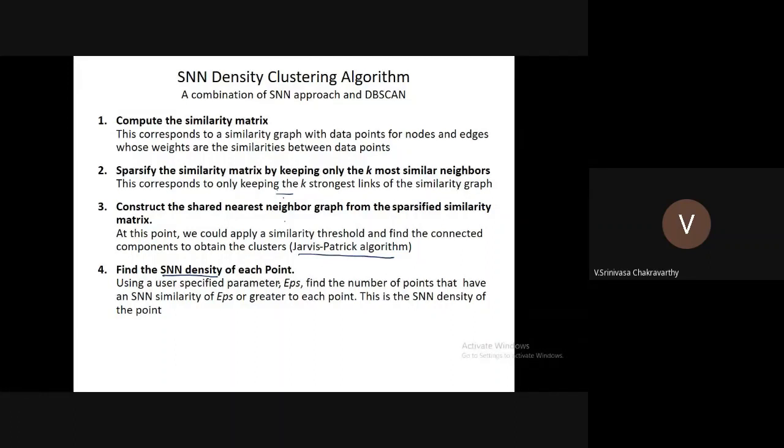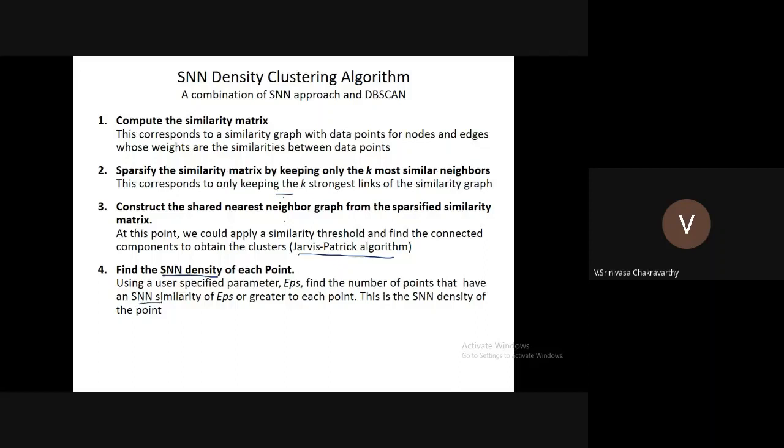We can do the exact same thing even with the SNN graph, because earlier we had similarity or distance, and here we have the strength of the edge in the graph. So we use again a similar parameter like epsilon, and find the number of points that have SNN similarity of EPS or greater to each point.